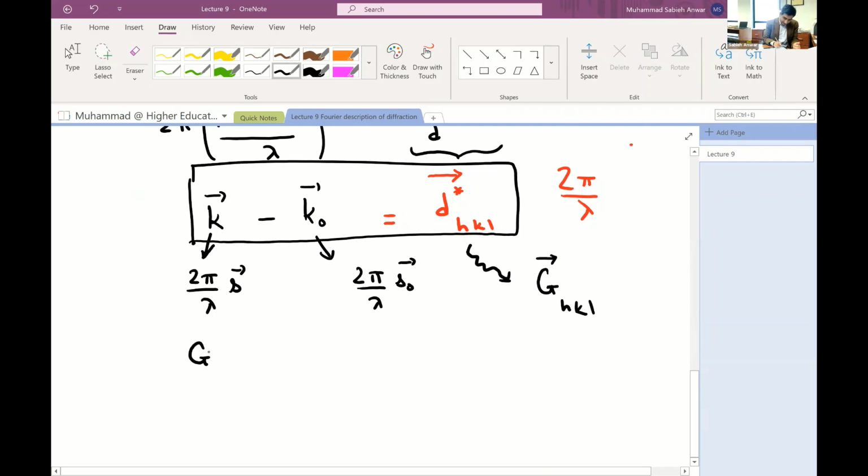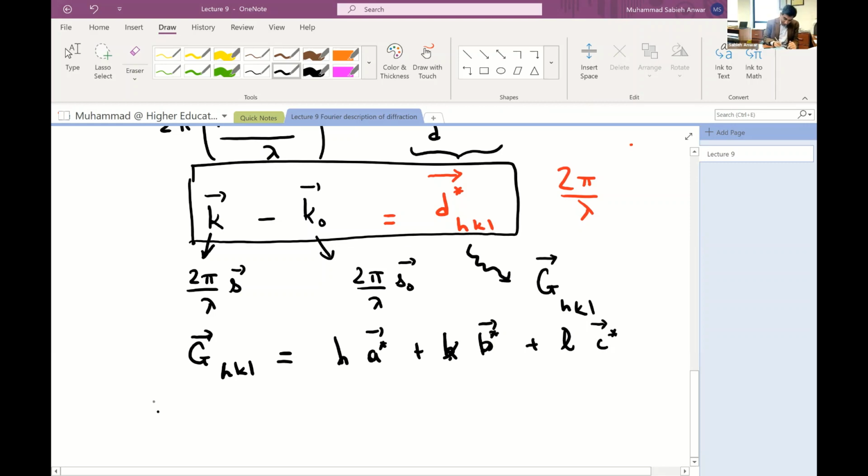And an arbitrary lattice vector with indices HKL is given, as you all know, by H A star plus K B star plus L C star.